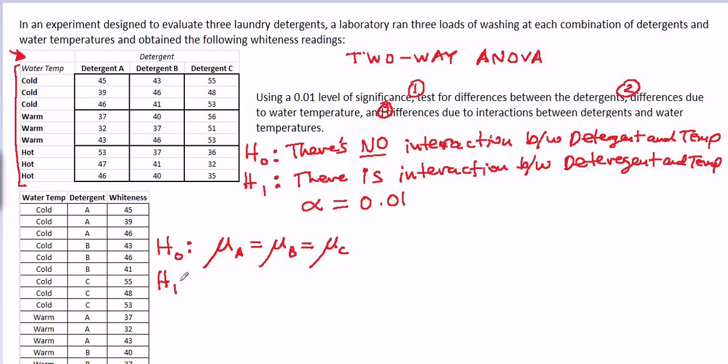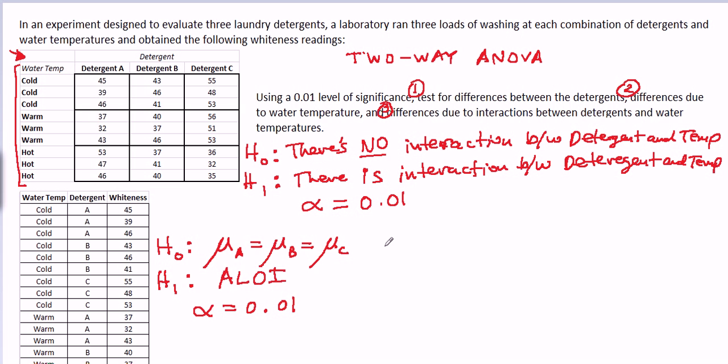And the alternative, of course, you'll recall from one-way ANOVA, is that there's at least one inequality. At least one of the laundry detergents is different than the others. They could be all different, but it could just be one's different and the other 2 are the same. Okay? And alpha is going to be consistently 0.01.